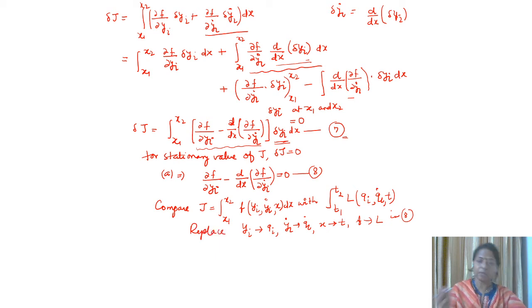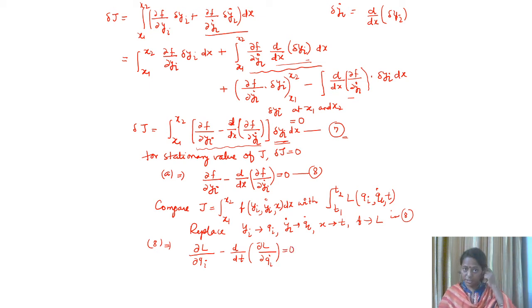From this comparison we found out, then 8 implies delta. What is F? F is L. What is yi? It is qi, minus d/dx. Here it is d/dt because x is replaced by t. Then delta L by delta qi dot is equal to 0.